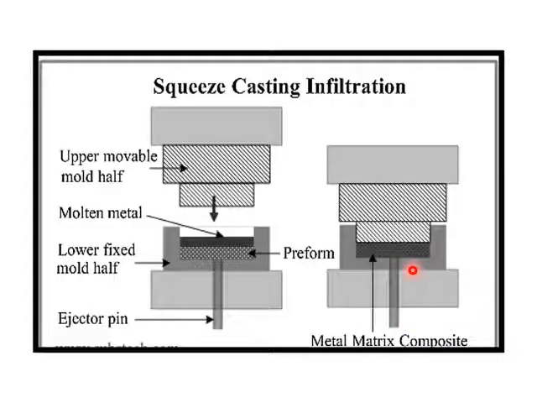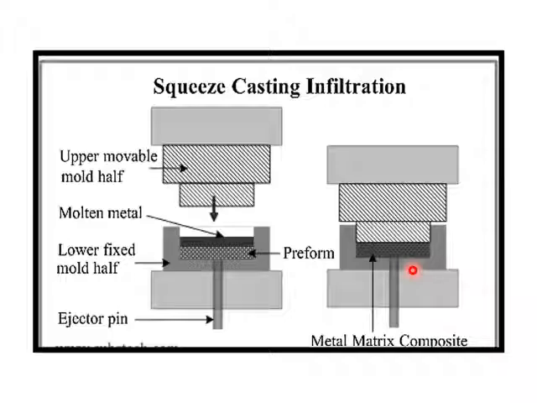Now, the advantages with this process: metals with poor fluidity can be used here. It need not be fully liquid, so where it is difficult to pour or stir, those metals having poor fluidity can be used here as a matrix material.